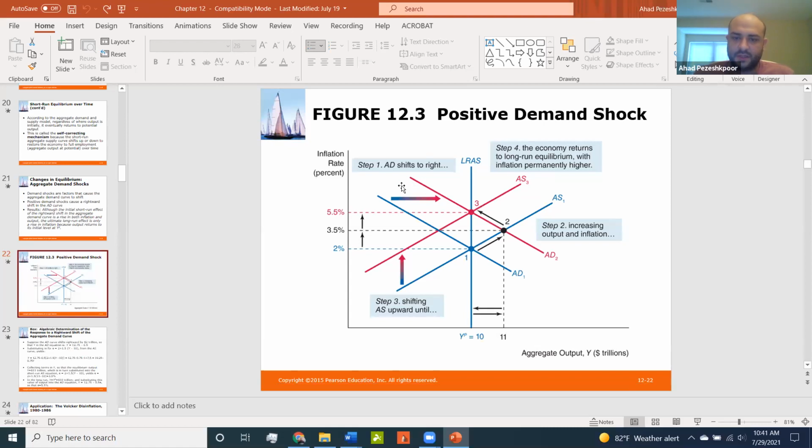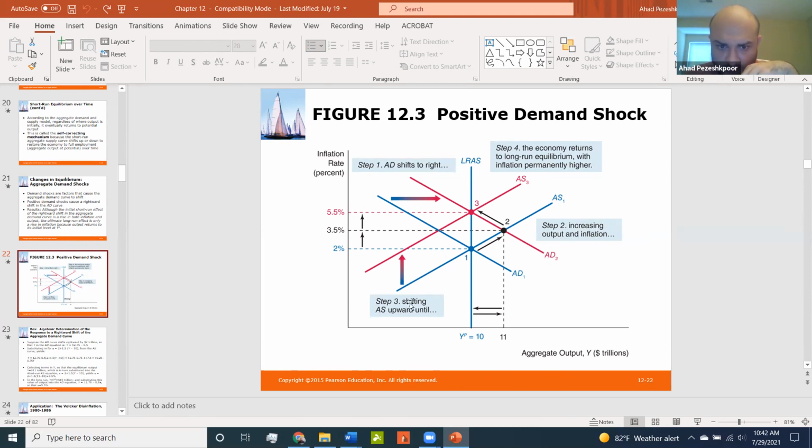Here, you can see this. Let's say there is a positive demand shock. In the short run, your aggregate demand shifts to the right. You will be here. This would increase output and inflation. At the same time, your aggregate supply also will respond.